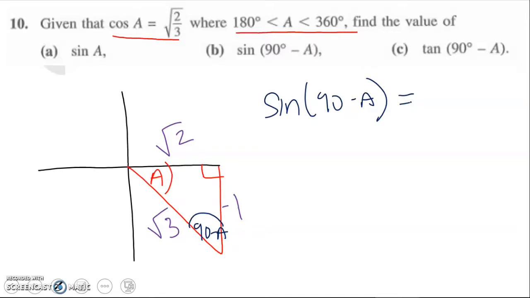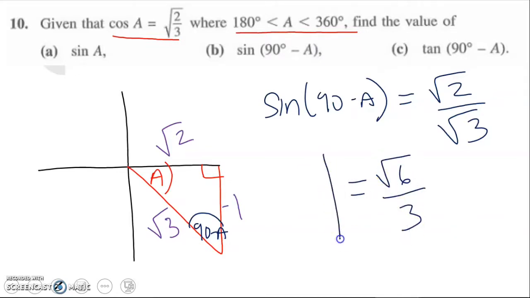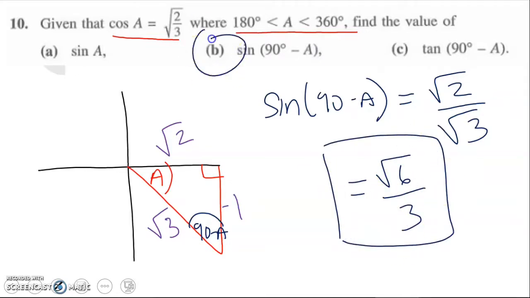Sine of 90 minus A is also equal to your cosine. So this would end up being square root of 2 over square root of 3. Obviously you can rationalize that. Once you rationalize that, you should end up with square root of 6 over 3. So this should be your answer for B.